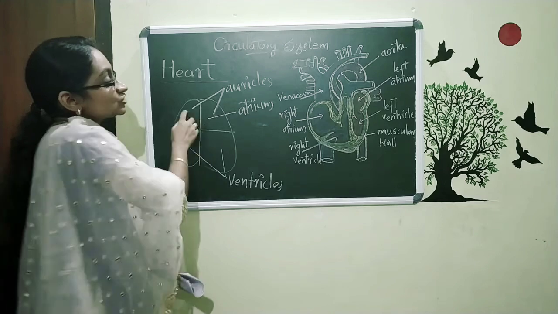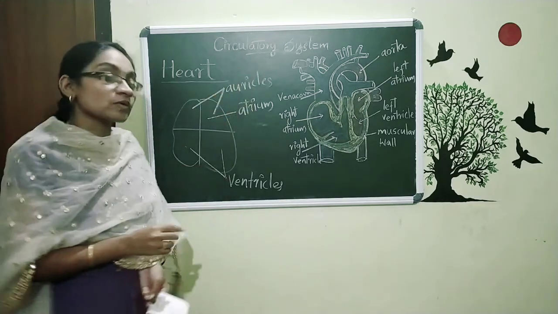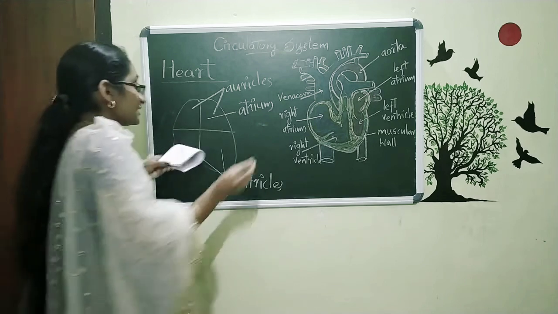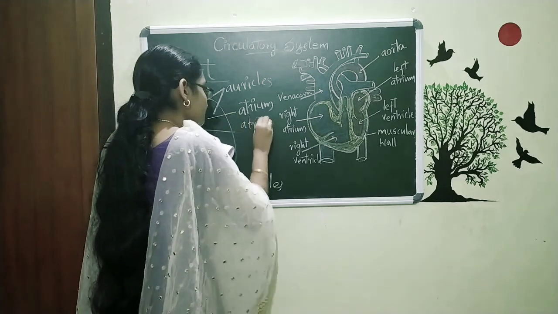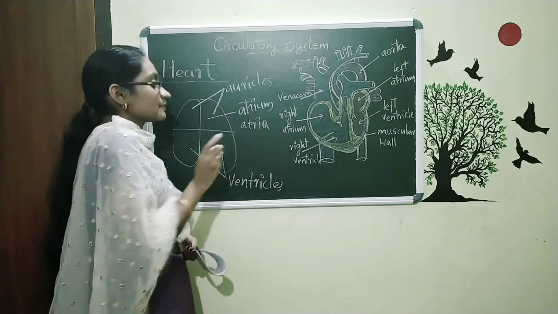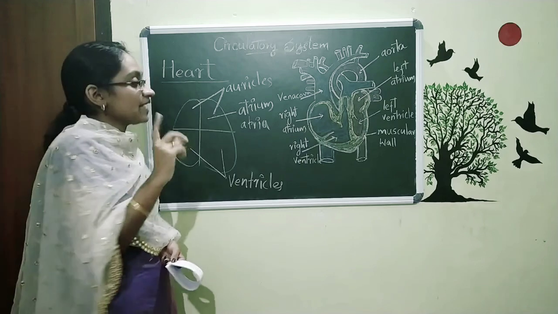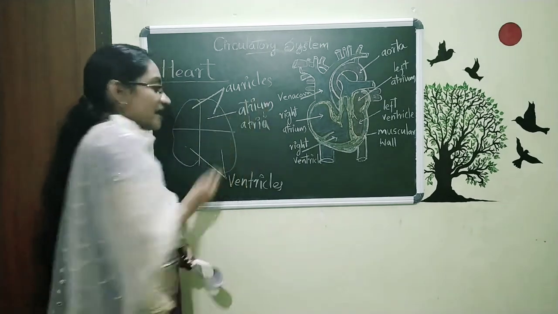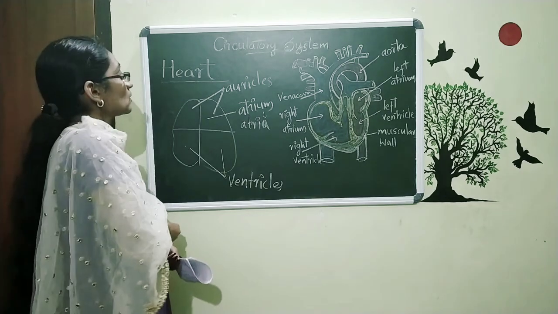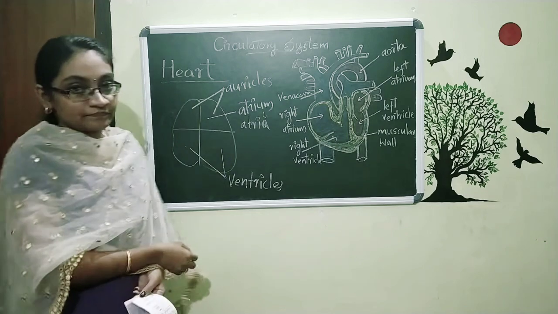When we call these two together, we can call them either auricles, or there is another name, atria. So just remember that atrium is a single name, and when we want to make it plural we call it atria, or generally you can also call these two chambers together auricles.